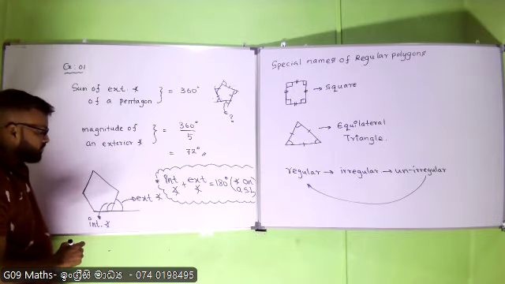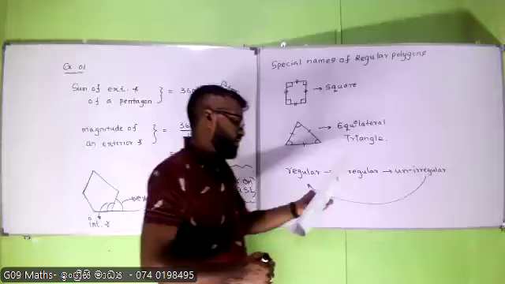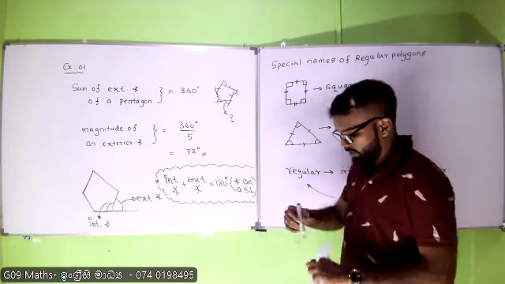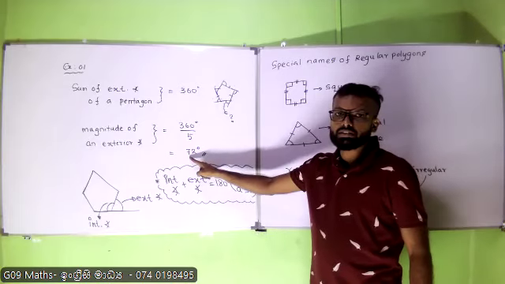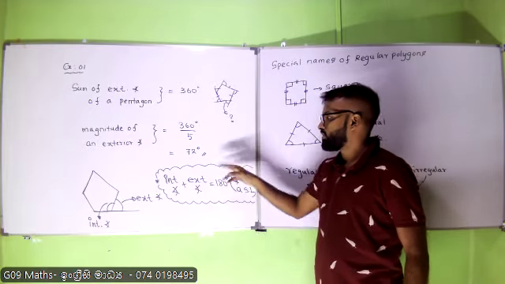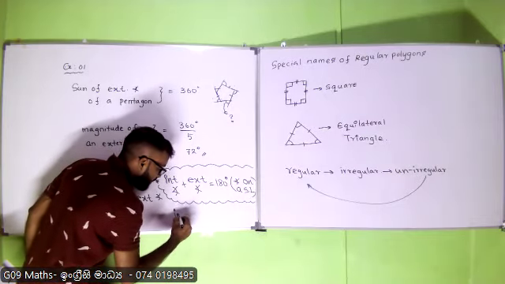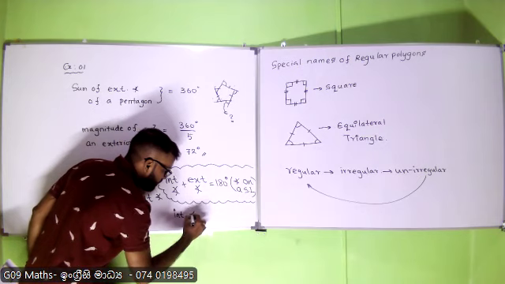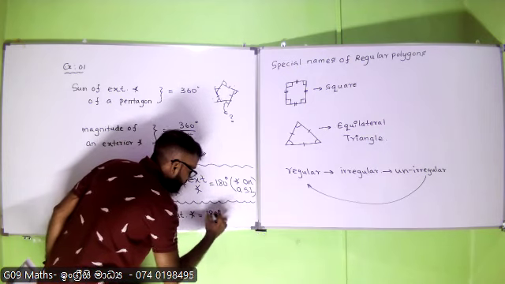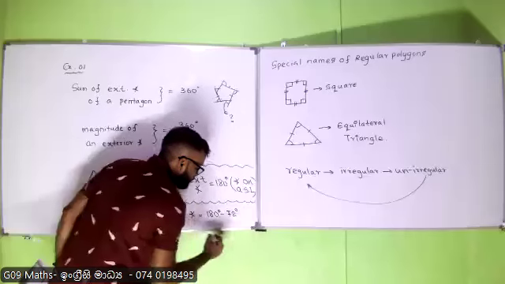By using this, you can find the magnitude of the interior angle. You know the size of the exterior angle. Substitute it here and take it to this side. 180 degrees minus 72 degrees.